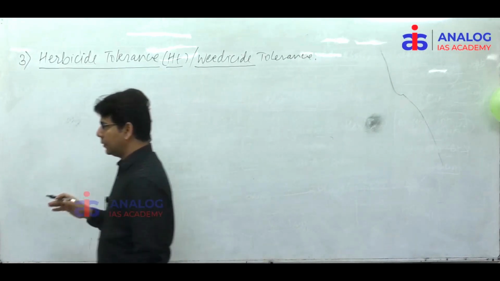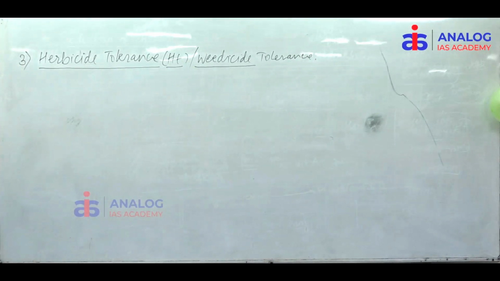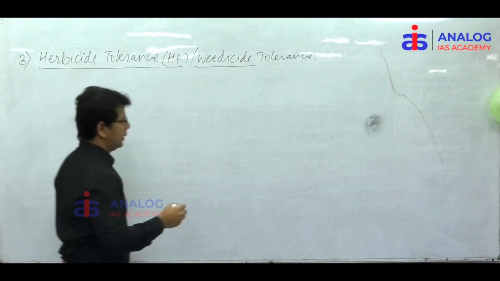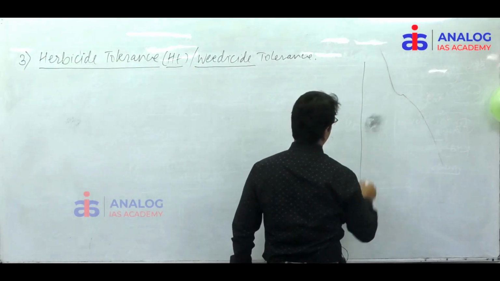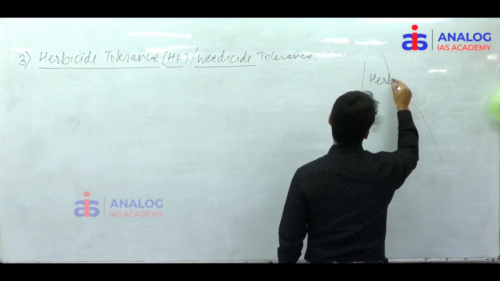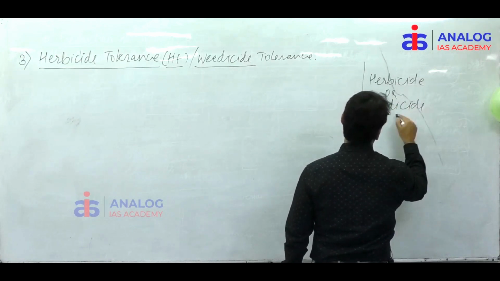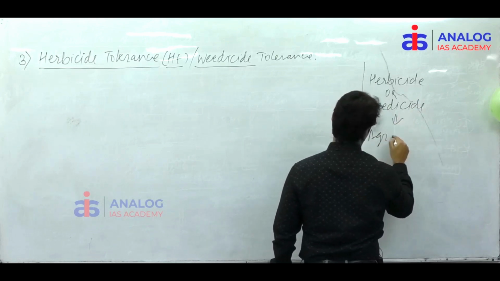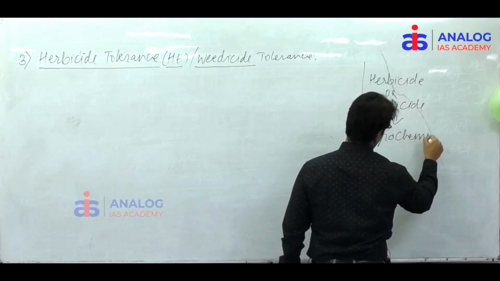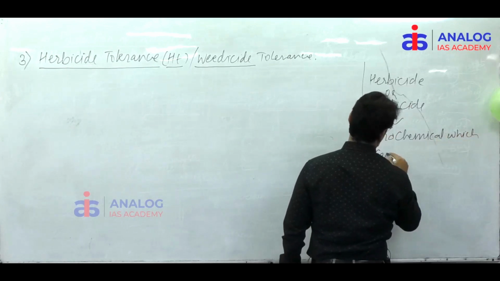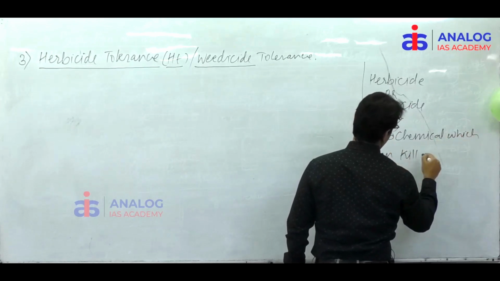So the basic concept that we can understand here is that herbicide or weedicide is an agrochemical which can kill weeds.